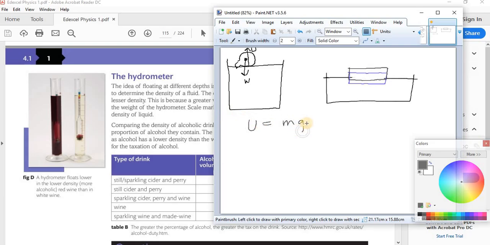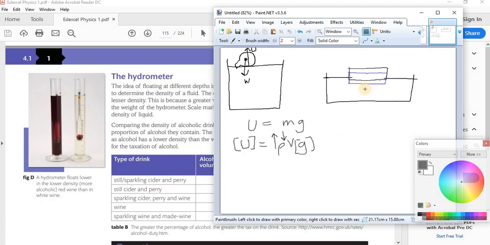The weight of fluid displaced is mass times g, and mass is density times volume. Okay, so to get the same upthrust, g is a constant. So when the density increases, the volume should decrease to get the same amount of upthrust.